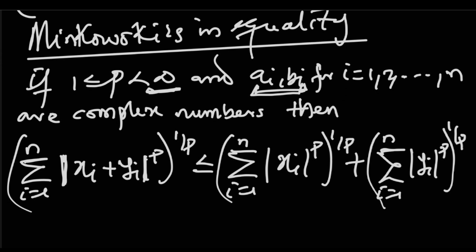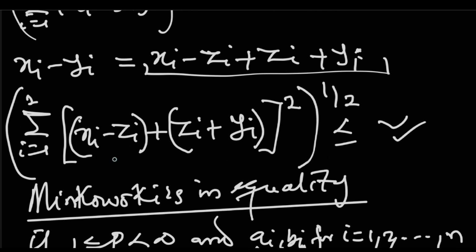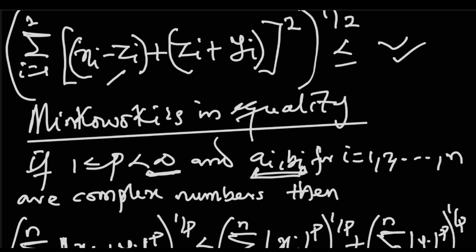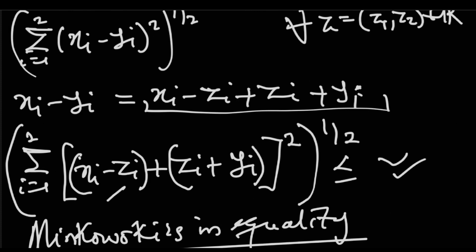In our case, i is from 1 to 2. Remember our expression here. Oh sorry, this should be x and y. So I can use this to be a and b, this will be my ai, this will be my bi.